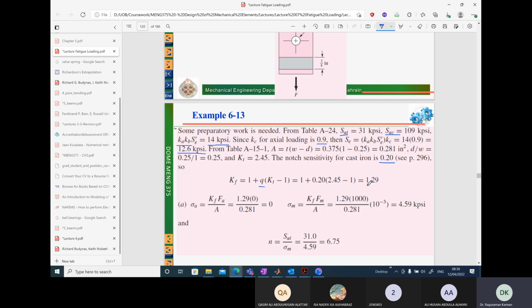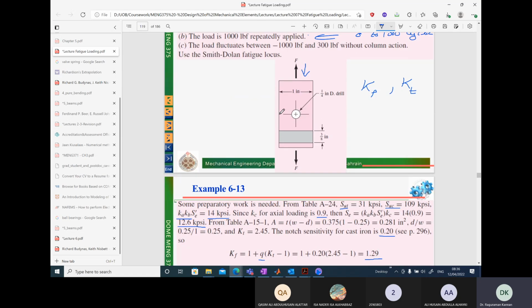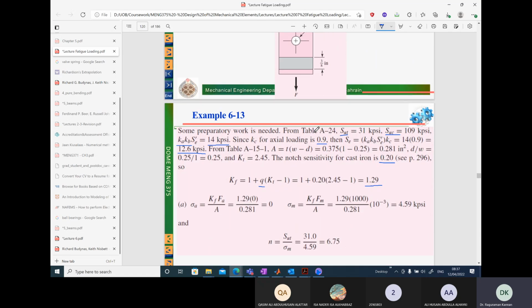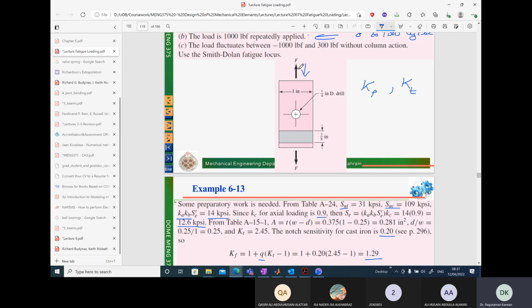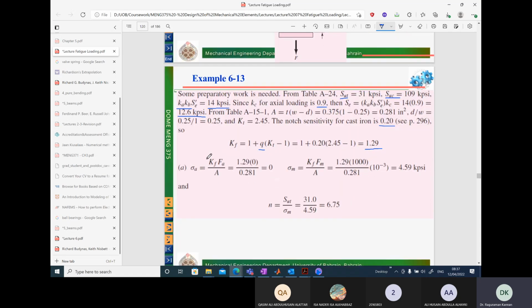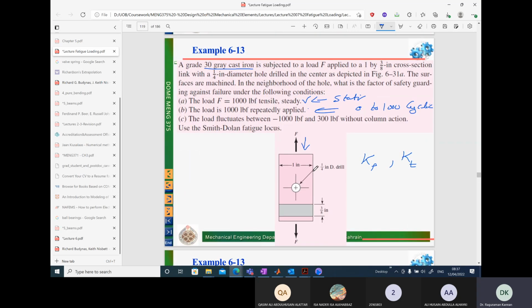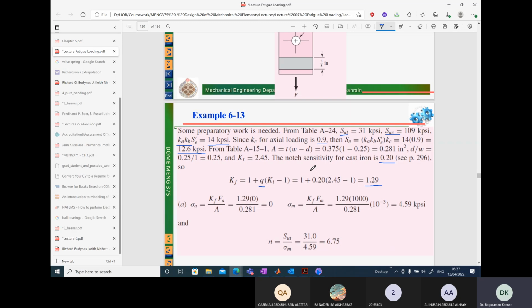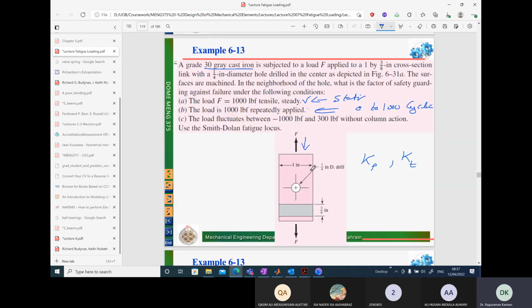After that, we calculate capital Kf, because at this particular region we want the stress concentration factor to calculate the stresses. How do we calculate the stress? Kf times force over area, and we can evaluate. Before we go there, let's see here. This is part A.